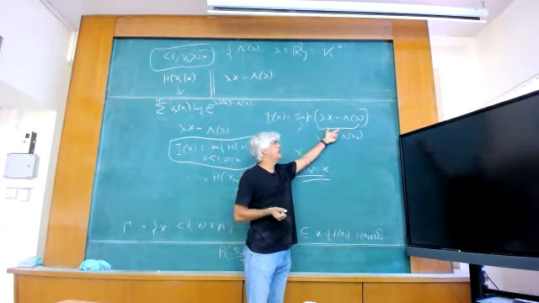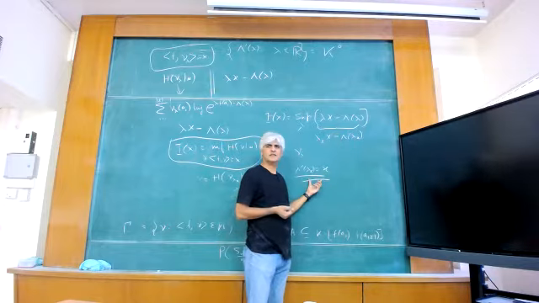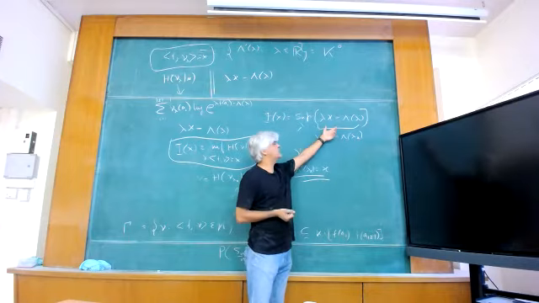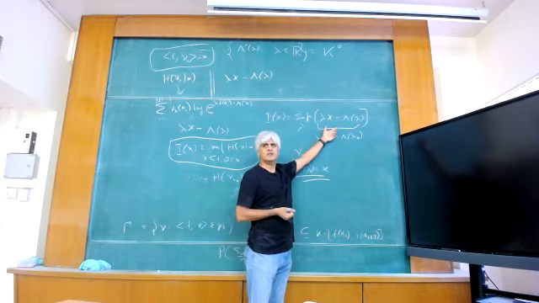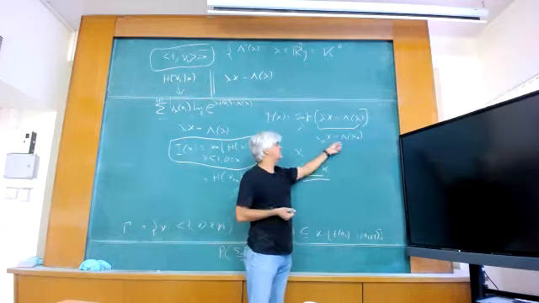And this function has a unique point at which the derivative is equal to 0, so that must be the maximum. That corresponds to this equation, and we know this equation has a solution, so hence this has a unique point, and this is equal to lambda x minus lambda x.